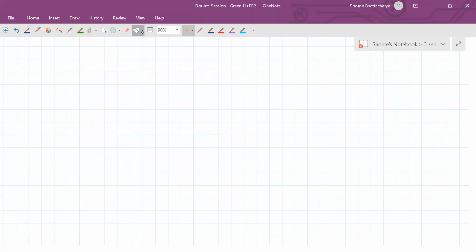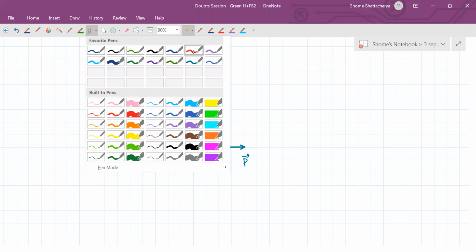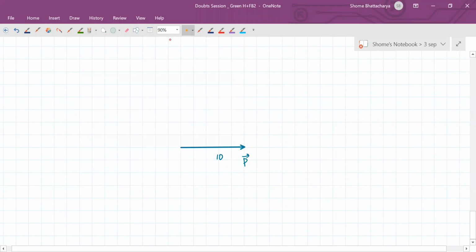First you draw the vector P. So that was 10 units like this. Then you pick up the same vector Q from above, but draw it head to tail from P, because you're adding them. So when we draw vector Q on top of P, it will look like this.